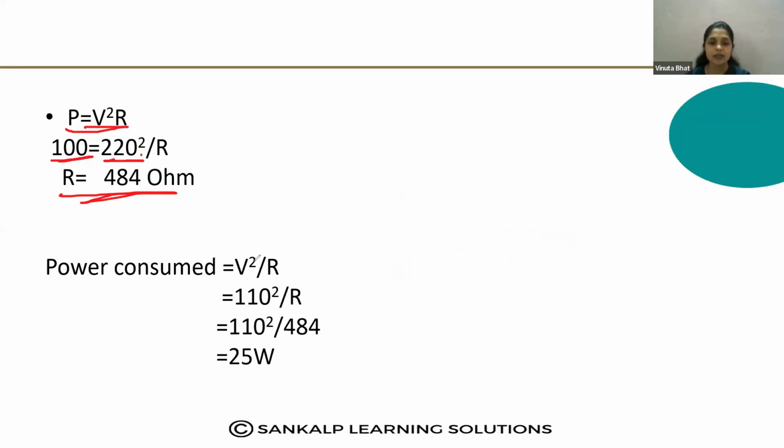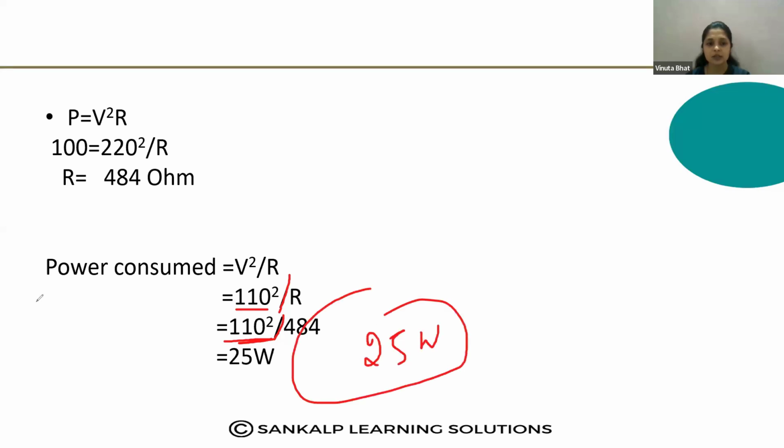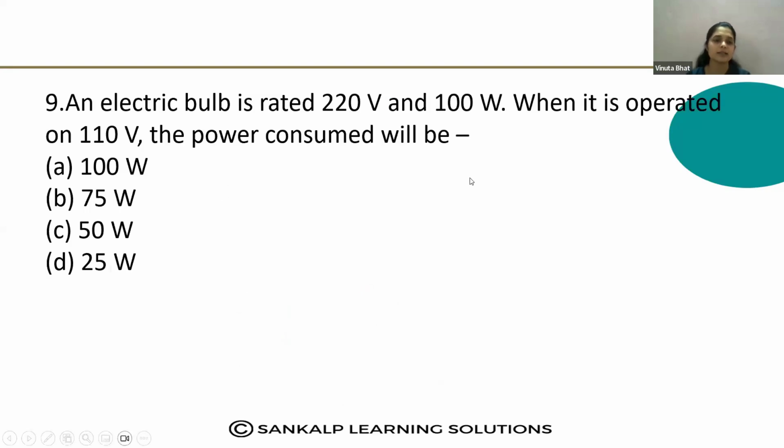When it is operated on 110 volt, power is 110 square divided by 484, that is 25 watt. So the correct answer is option D, 25 watt.